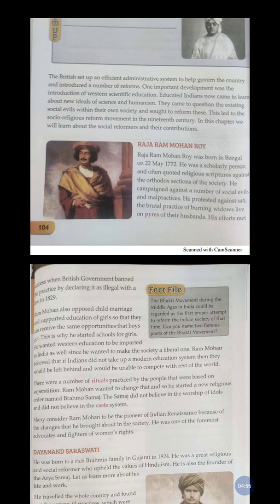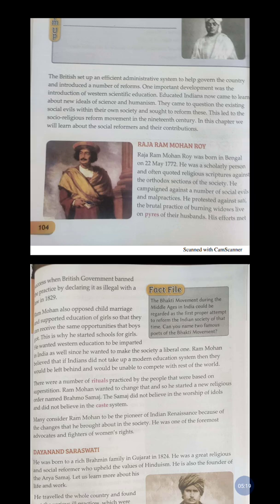So students, what he wanted? He started the schools for girls and he wanted Western education to be imparted in India. Ram Mohan believed that if Indians did not take up a modern education system, then they would be left behind and would be unable to compete with the rest of the world.